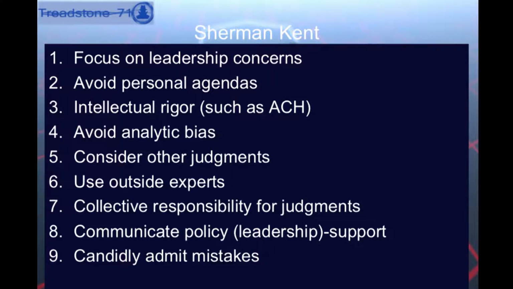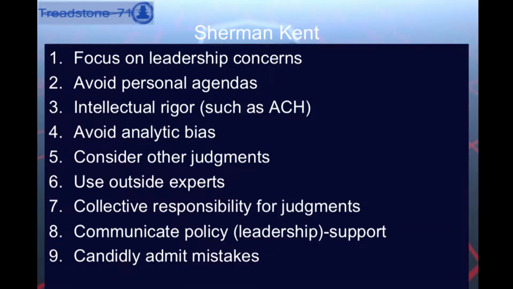Personal agendas. Lots of times in intelligence you can develop personal agendas based on bias that you have. And we all have bias, and when I teach this course we get into cognitive biases and a lot of different things about confirmation bias, which is one of the worst types. Intellectual rigor, such as ACH, or analysis of competing hypotheses.